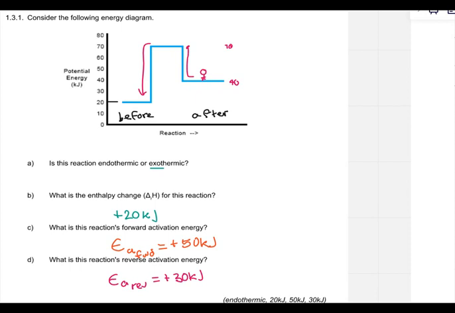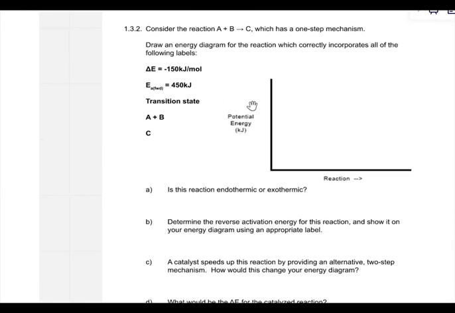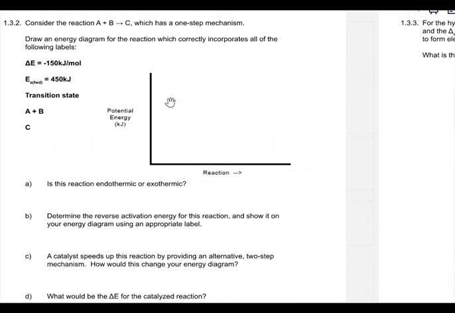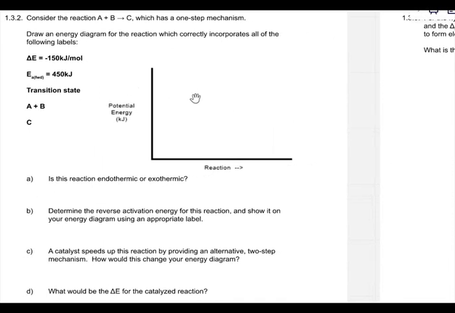Good. Let's try it again. This one they turned it around. Now it's our turn to draw the energy diagram, which means we might have to make up some numbers here. They start us off with draw an energy diagram where the delta H, or the delta E, this is enthalpy change, is minus 150 kilojoules.